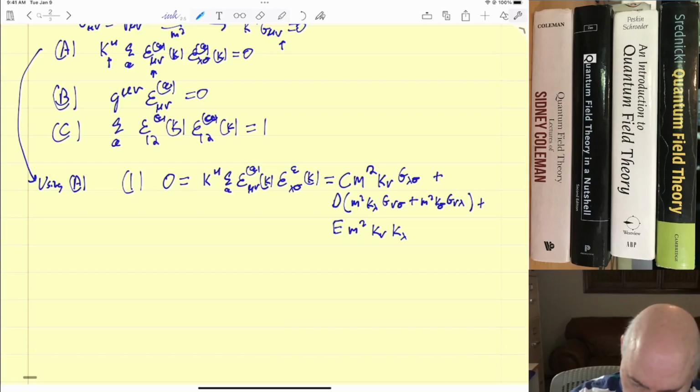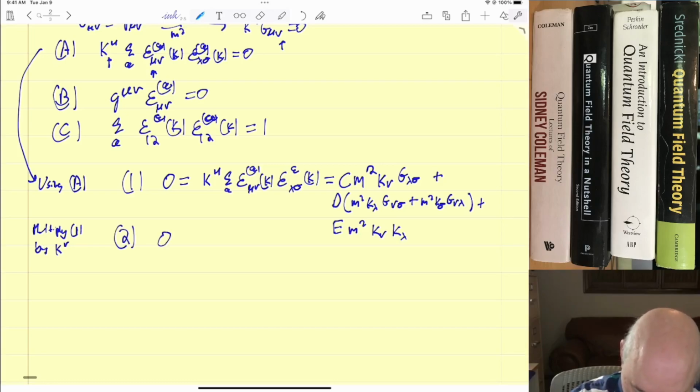Now let's multiply equation 1 by k nu. And we'll call this equation 2.